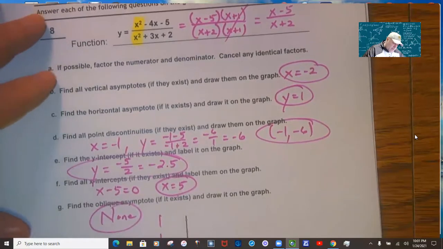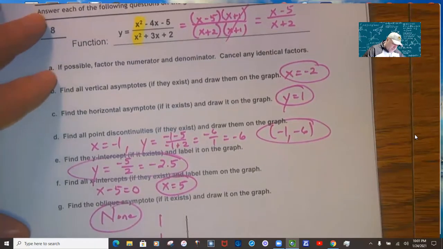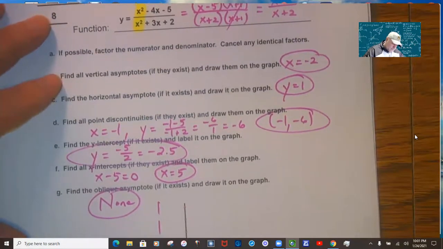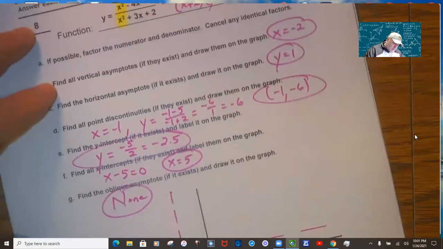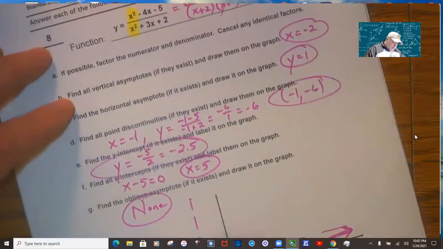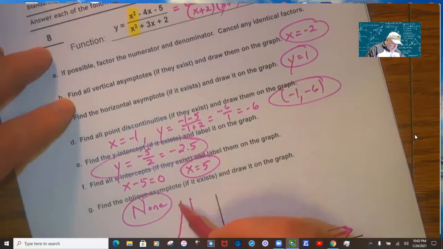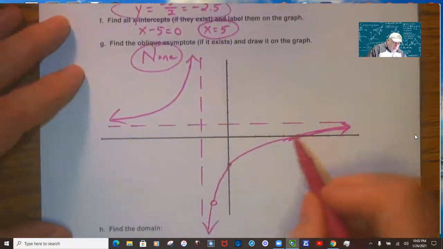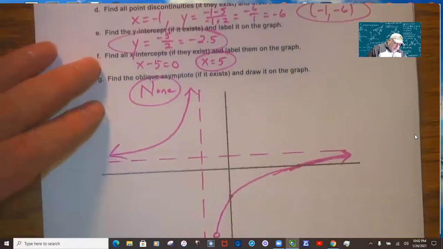Y-intercept at -2.5. And then this other branch is up here. So again, you have to have all of these features on the graph.